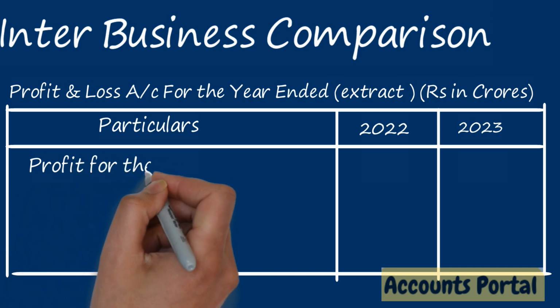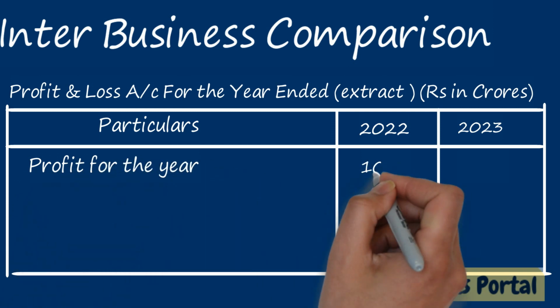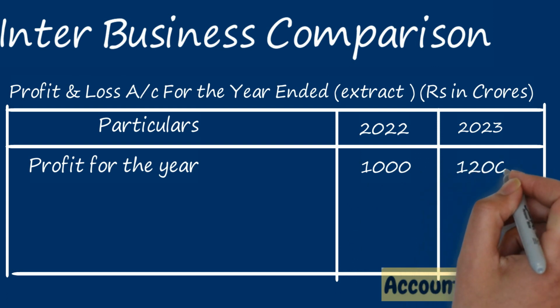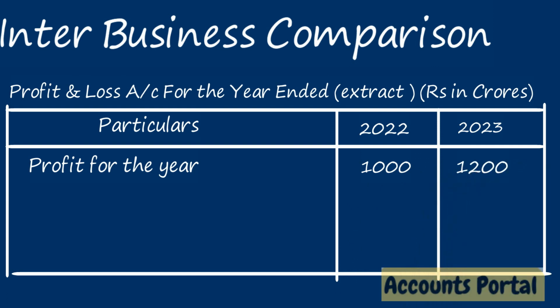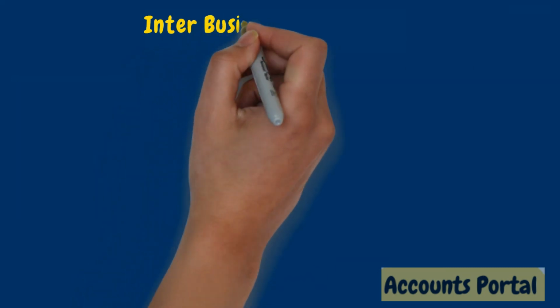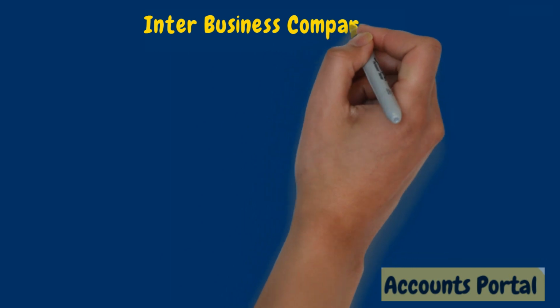Profit for the year ended. So in 2022 we got 1000 crores profit, and 2023 we got 1200 crores profit. So we are comparing ourselves. So last year is 1000 crores profit, current year is 1200 crores profit. Means intra-business means within. Comparing ourselves.